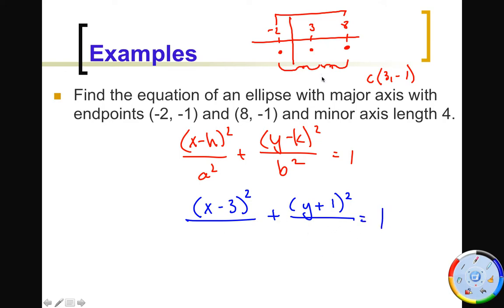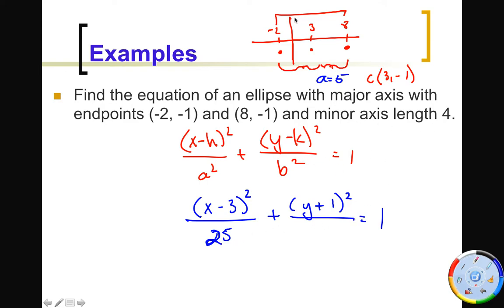Now, because the center is halfway between the two vertices, the distance from center to vertex is a. Well, that means a is 5 because that's the distance from center to vertex, and that's what we figured out a minute ago. So if a is 5, that means a squared is 25. And we actually already know b as well.